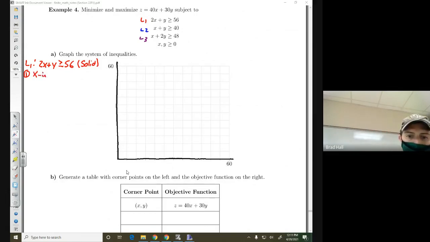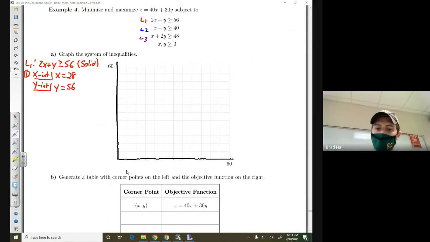So let's go ahead and figure out the X-intercept and the Y-intercept for the first line. The X-intercept seems to be 28. We divide by 2. And the Y-intercept is 56 because there's nothing to divide next to the Y. These increments, if you have the notes printed out, they go by increments of 5, I believe. So 5, 10, 15, 20, 25, 30.